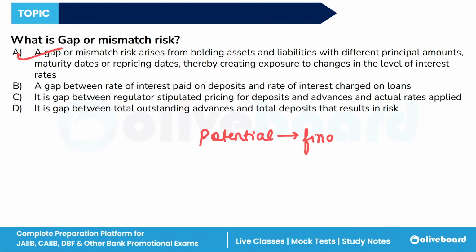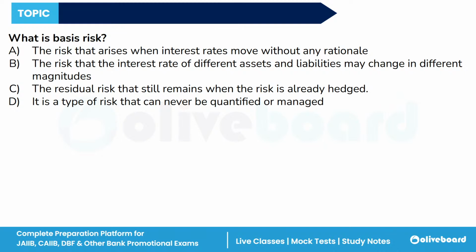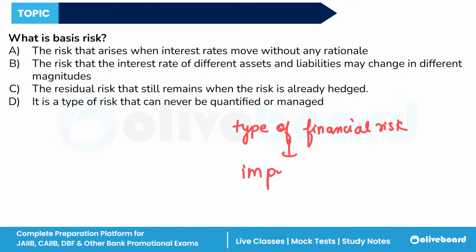Okay, next question. What is basis risk? Basis risk is a type of financial risk that arises from the imperfect correlation between the price of a hedging instrument and the price of the asset being hedged.